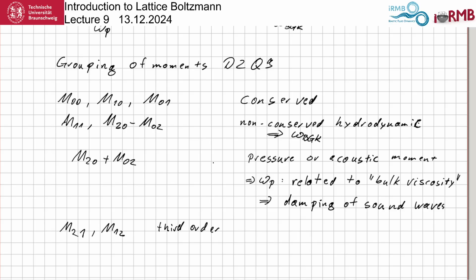For the third order, without much explanation, we give an omega 3, and then we have M22. This is the fourth order, and without much explanation, we present an omega 4. So these here are the ghost moments.